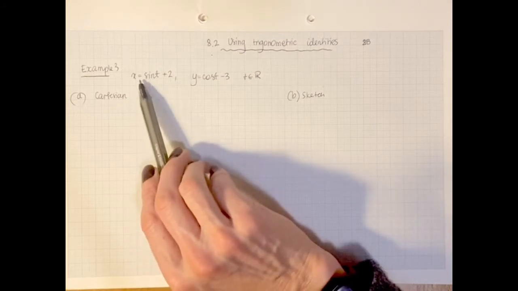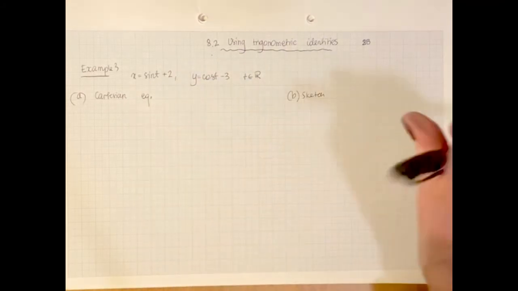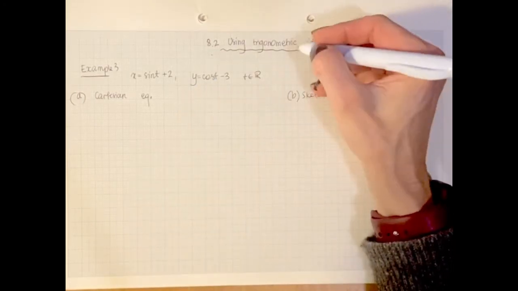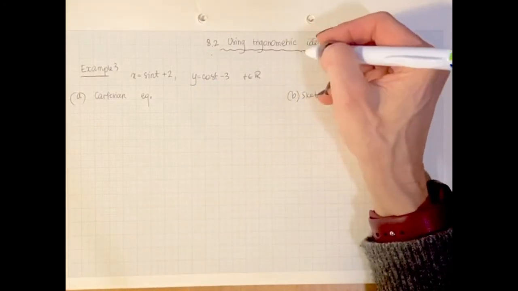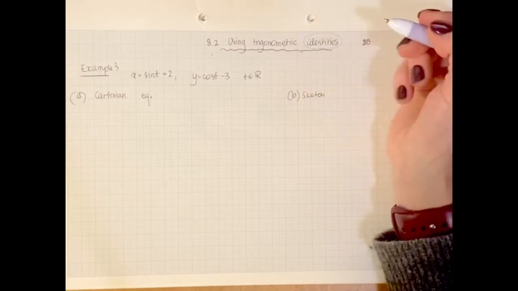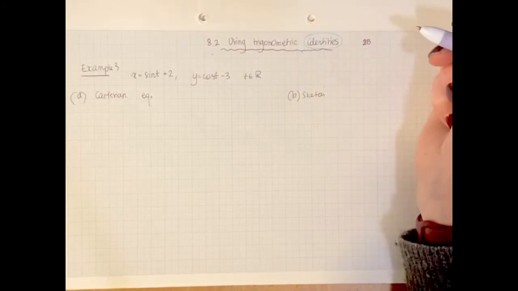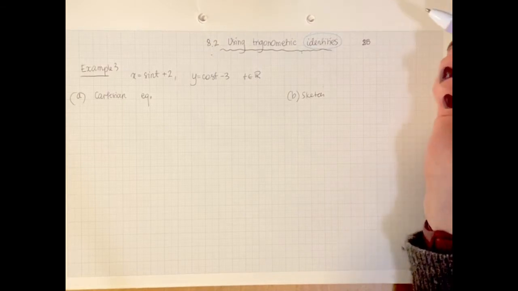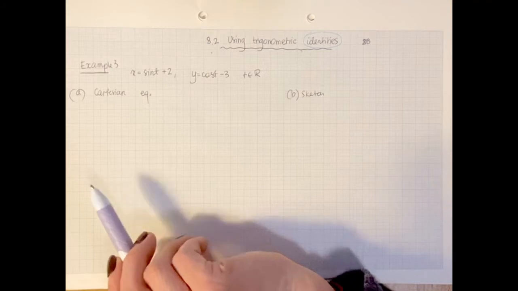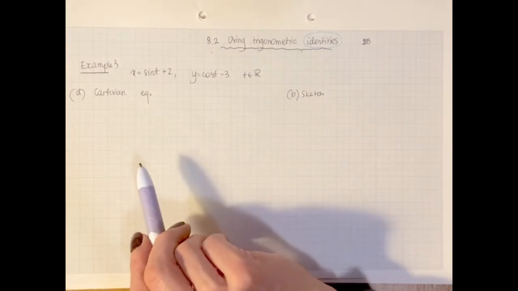The whole idea of eliminating t is still going to be used, but the way you do it with trigonometric functions is that you are going to find an identity or two identities or three identities that connect sine and cos in the first example, or any two functions that you're dealing with.